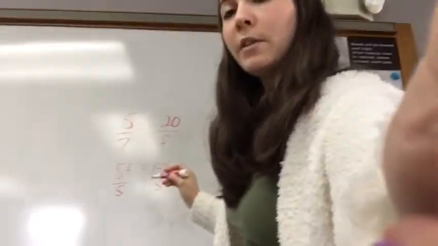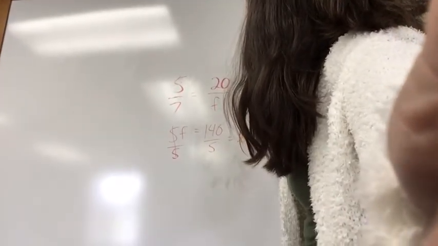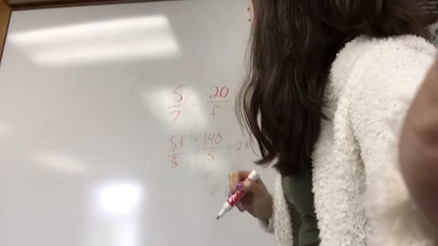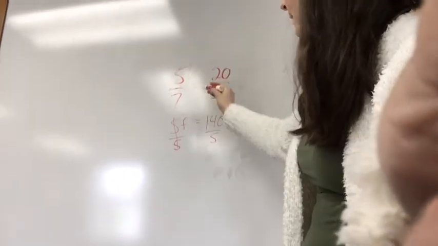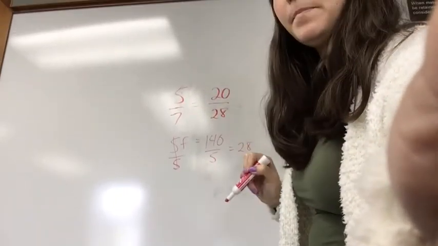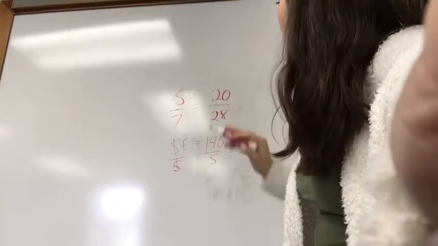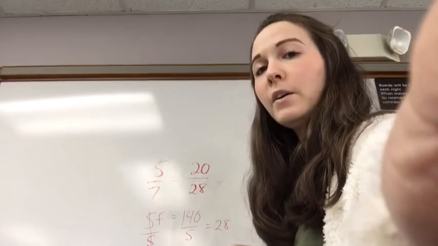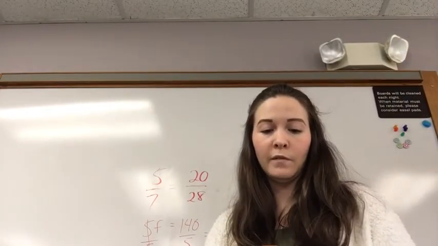Oops, just realized you can't really see that. 140 divided by 5 equals 28. So we could erase our F here and put 28. So 5 is to 7, as 20 is to 28. By doing our cross multiplication, we find our answer and the true count of our frogs.